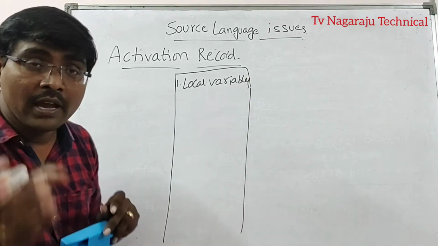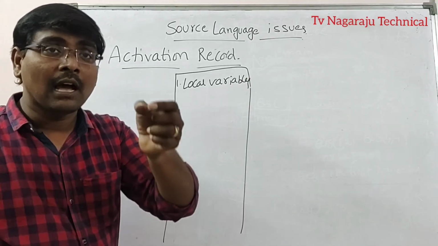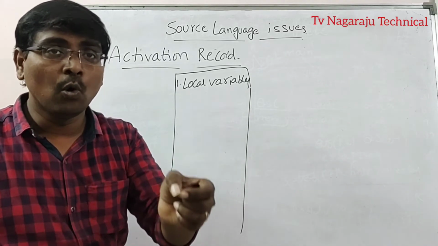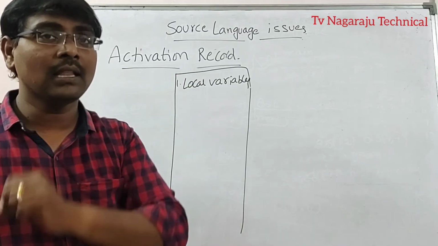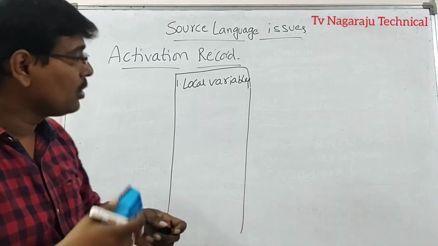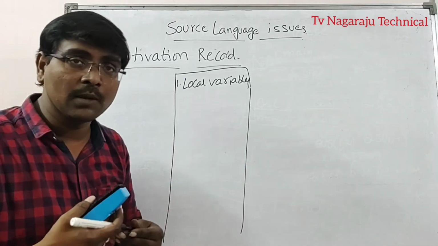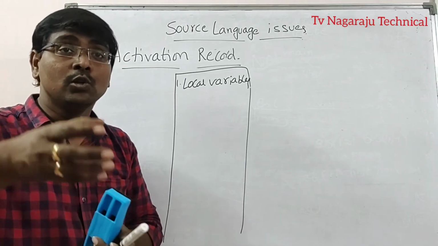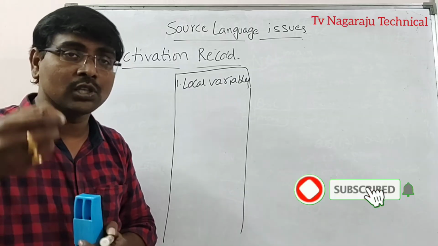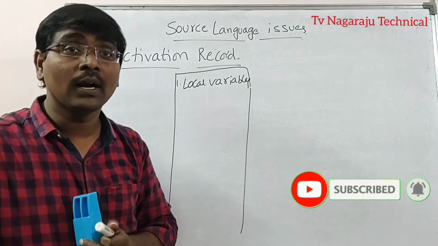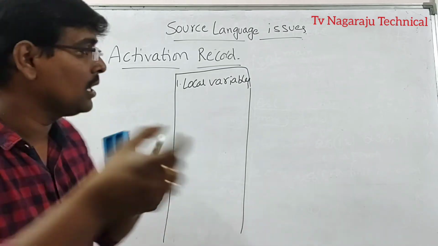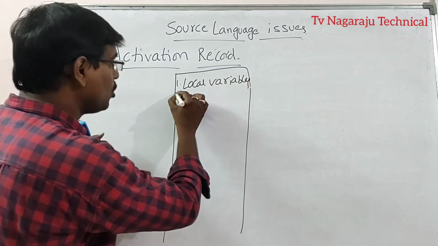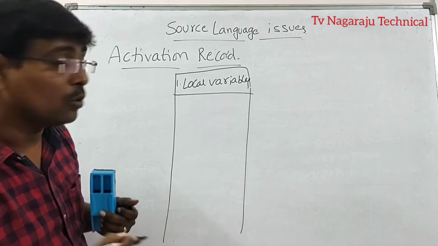Local variables are simply the variables that hold the local data during the operation. So during the procedure execution, to hold the local data, that is, the data belonging to the procedure, the data is stored under local variables.